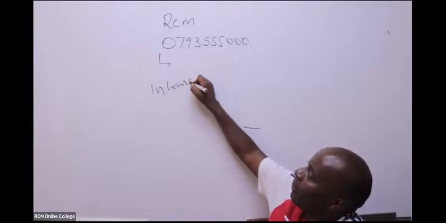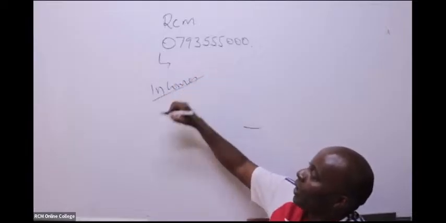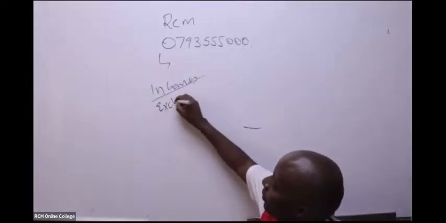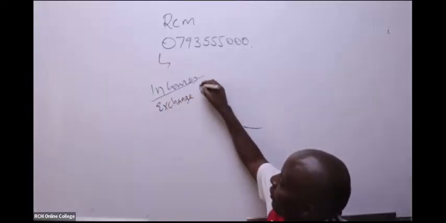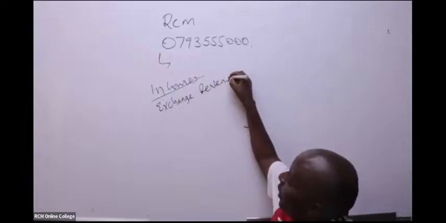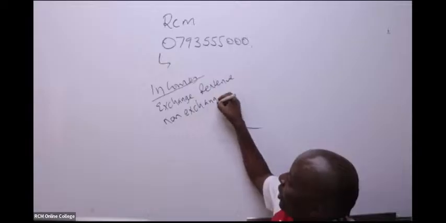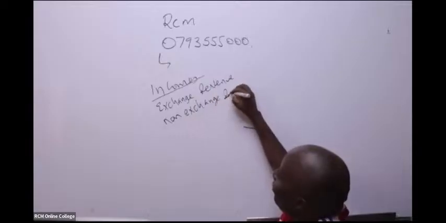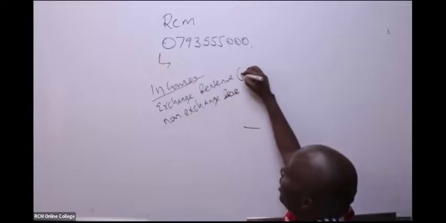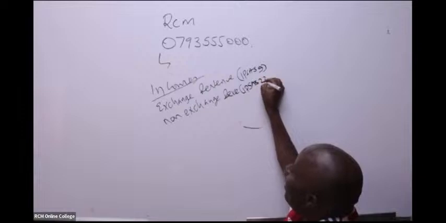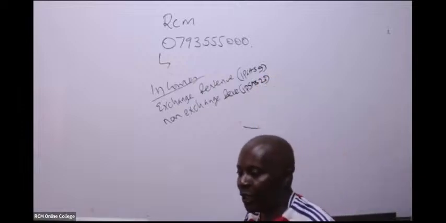Under incomes, you're going to have two types: exchange revenue income and non-exchange revenue income. This one is IPSAS number 9, and this one is IPSAS number 23.